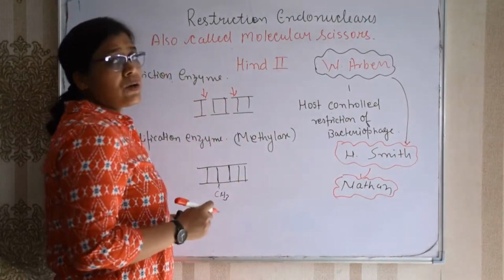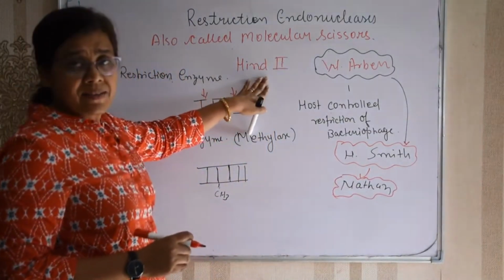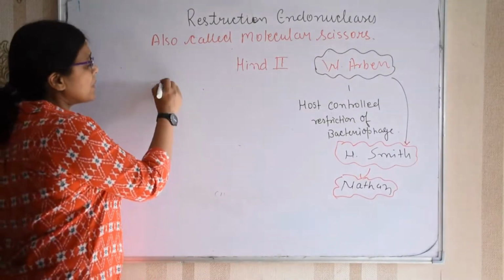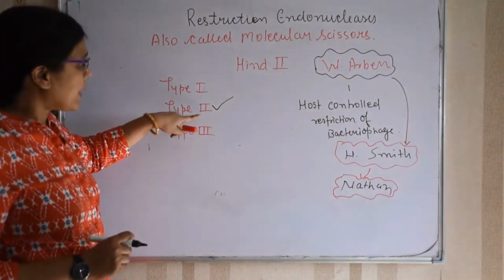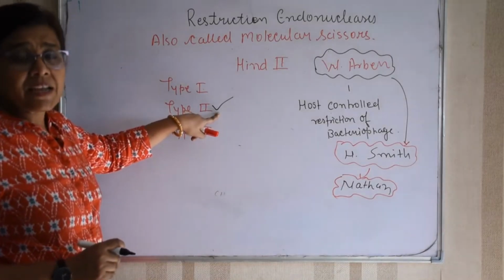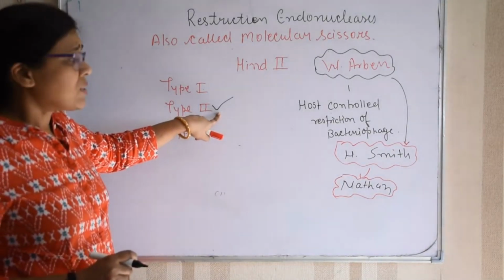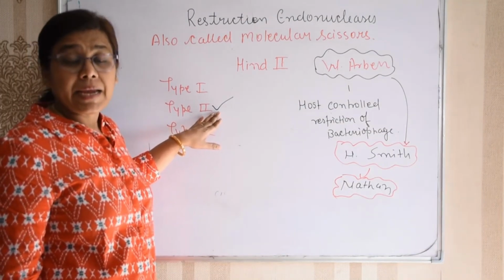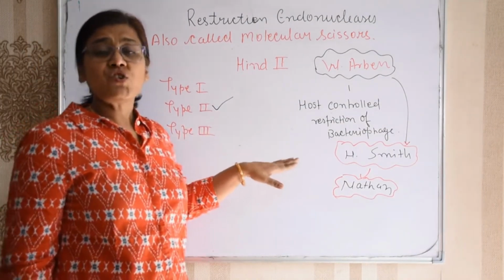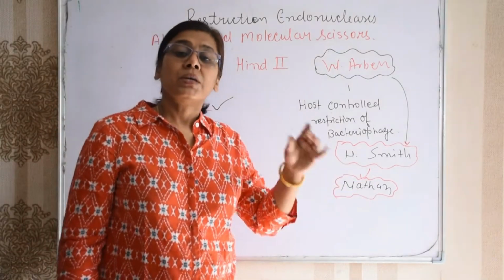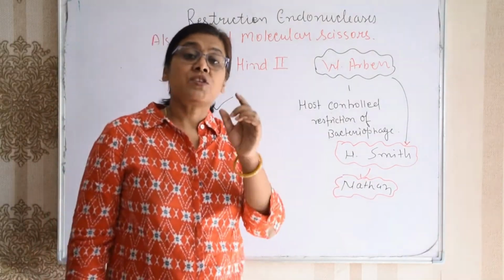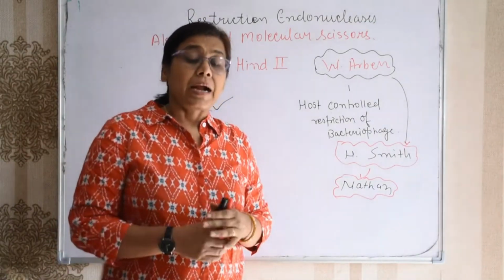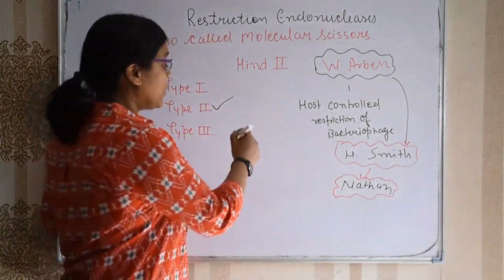Hind II was the first restriction enzyme isolated. Restriction enzymes are of three types. Amongst them, the second type of restriction enzyme is widely used. It can be used in vitro, and it doesn't need ATP for the cleavage of the double strand of the DNA molecule with a specific sequence, and this specific sequence contains 4 to 8 nucleotides.